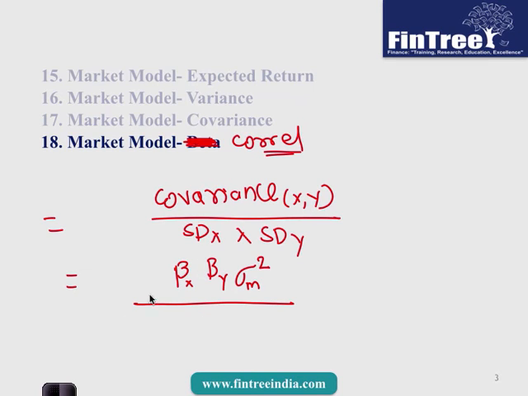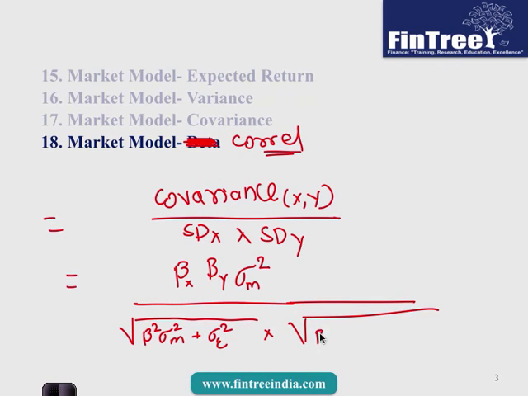Standard deviation is nothing but the square root of variance, which would be calculated as beta square into variance of market plus variance of that particular security, multiplied again with the standard deviation of the second security, which would be beta square into variance of market plus variance of that particular security.